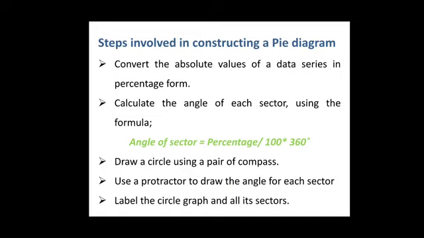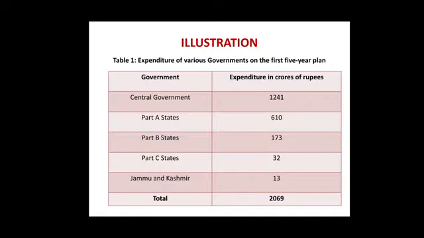And lastly, label the circle graph and all its sectors. We can also color each segment or sector differently in order to show distinction in each item. Dear students, these steps will get clear with the help of the illustration given here in this slide.